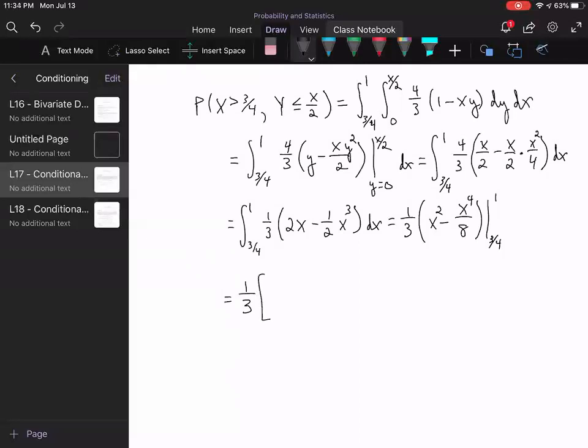So at 1, this is 1 minus 1/8, minus at 3/4, this is 9/16, minus 81 over 16, was it 256 times 8? 2048.